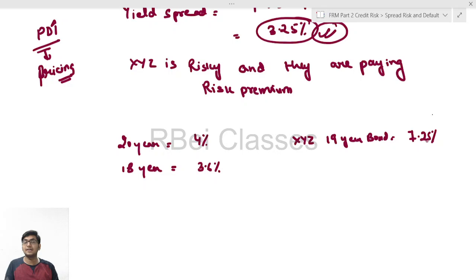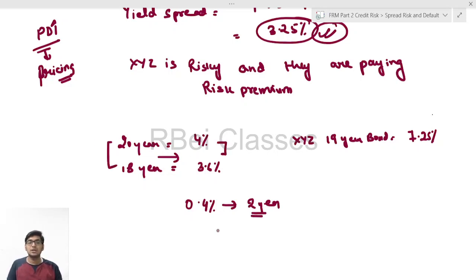So 19 lies in between them. That means 0.4% belongs to 2 years, because the gap is 2 years. How much for 1 year? 0.2% for 1 year. So I will deduct 0.2%, then I get 3.8%. This is the YTM of the 19-year.